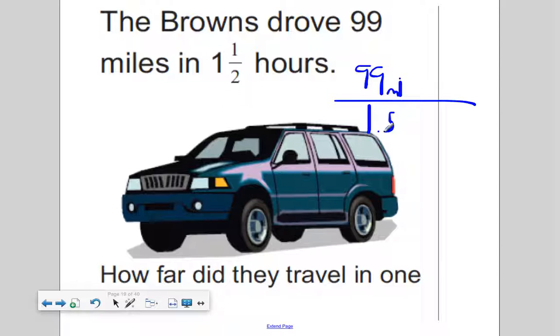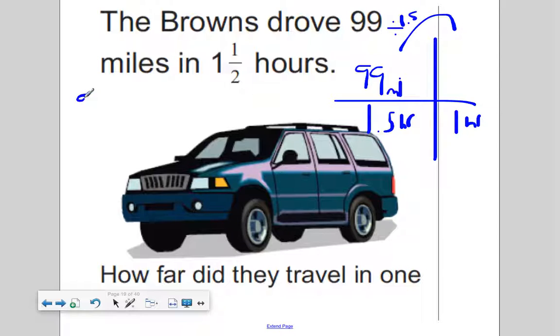Do you want to leave it in a fractional form or you want to work with decimals? I prefer working with decimals, so I'm going to turn it to 1.5 hours. It says how far did they travel in 1 hour, per hour, each hour. So how do I break it down from 1.5 hours to 1 hour? I am going to divide by 1.5. So let's divide this.